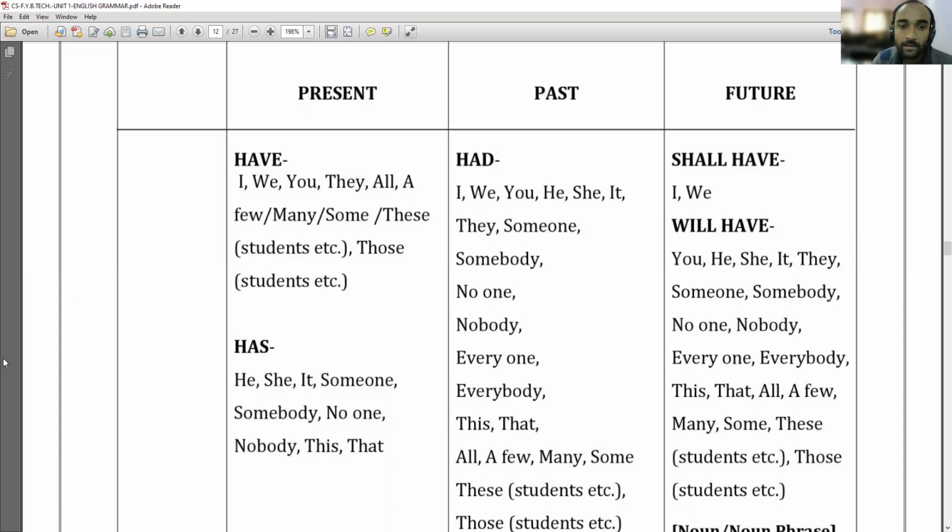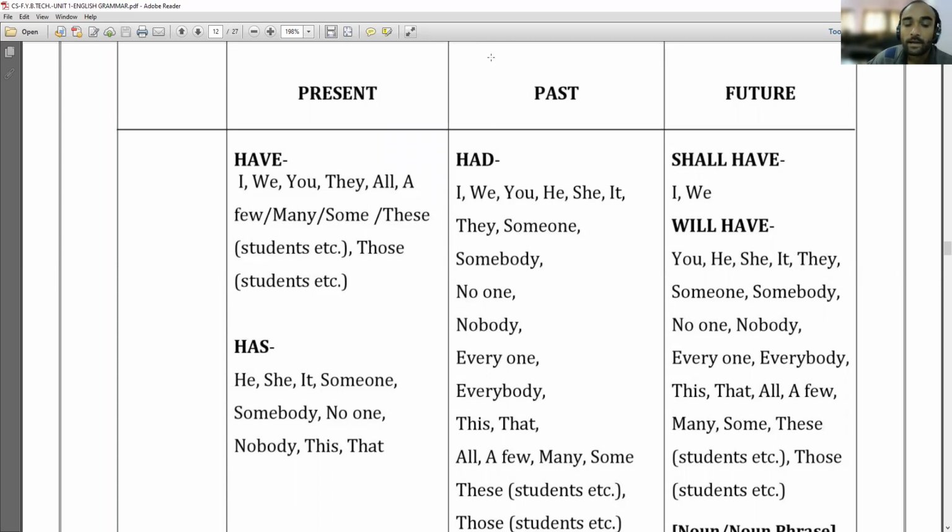Okay, and have is used after plural subjects, except one exception, only I. Okay, I is the only exception, though I is the singular pronoun or singular subject, we have to use have after that. Okay, and for all the plural subjects or all the plural pronouns, we use have.